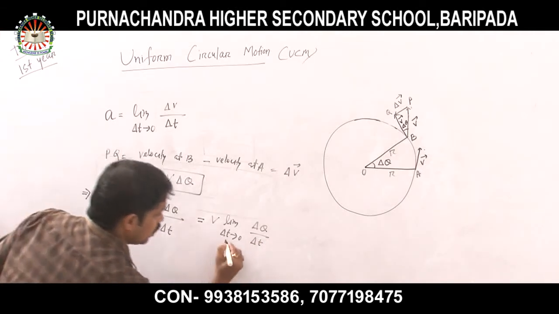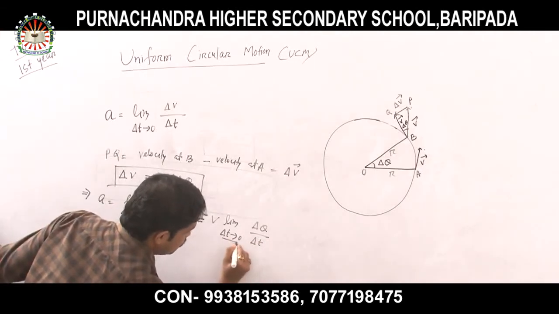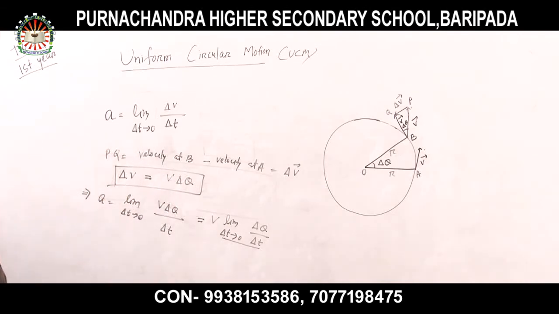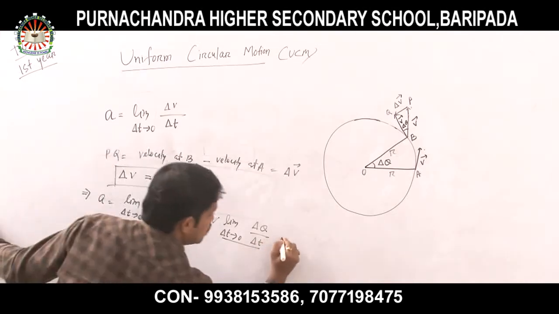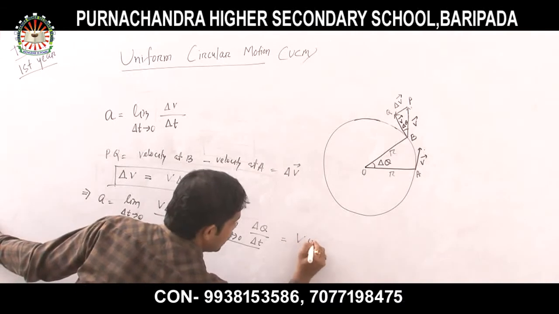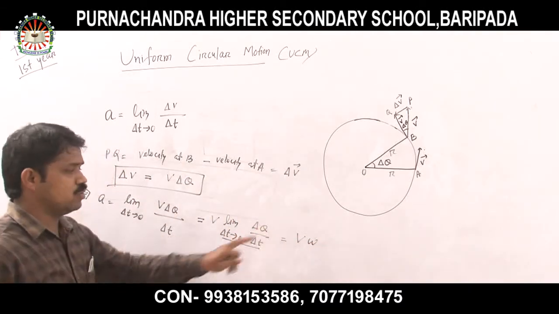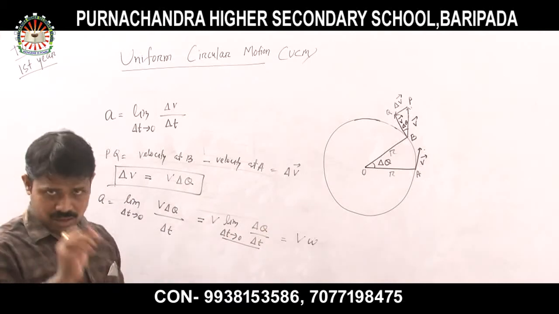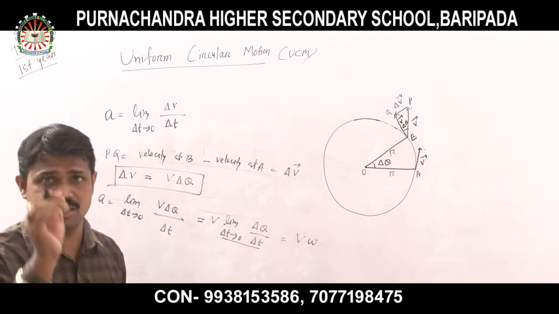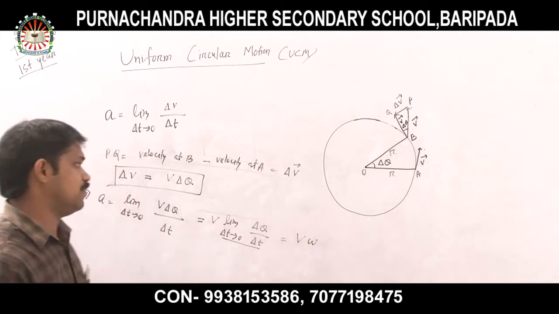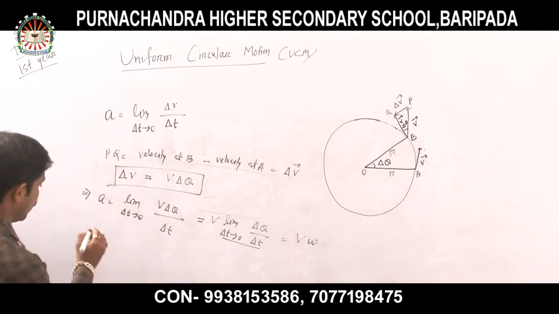Okay, so all of you know what this is, because in the previous class I discussed what this is. This is nothing but your omega. That is the rate of change of angular displacement. Rate of change of angular displacement is your omega. Okay, V omega.